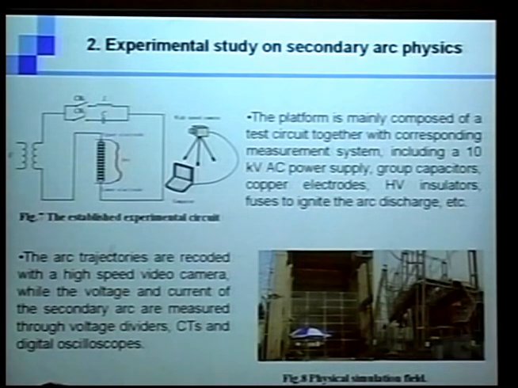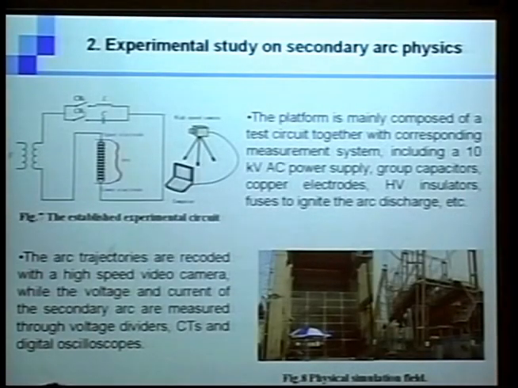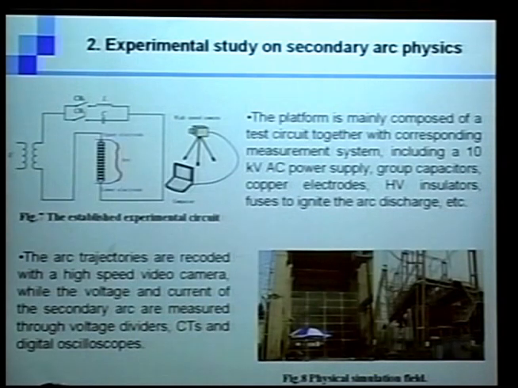We also use copper electrodes, high voltage insulators, and fuses to ignite the arc discharge. The arc discharge means the primary and the secondary. And the arc trajectories are recorded with a high-speed video camera.